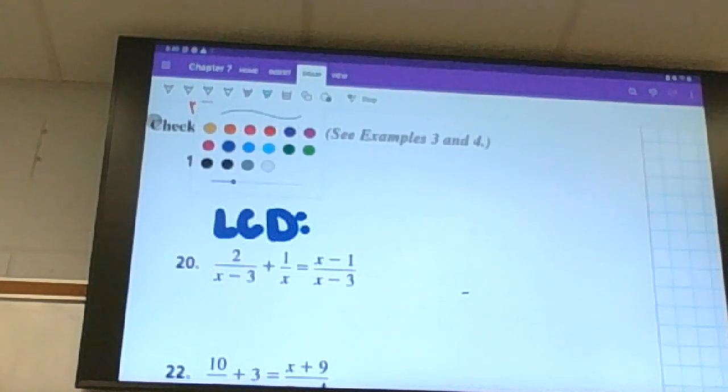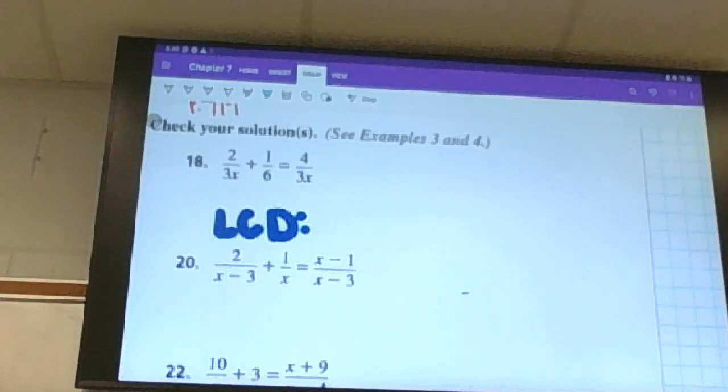So what is the least common denominator? We haven't had to talk about this since before break. So many great guesses. 12 is a really high number that they both go into.